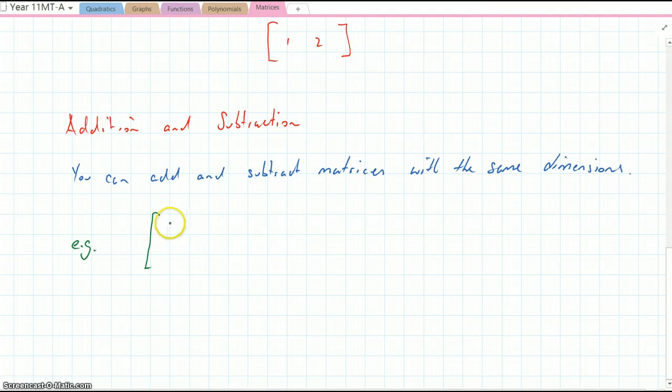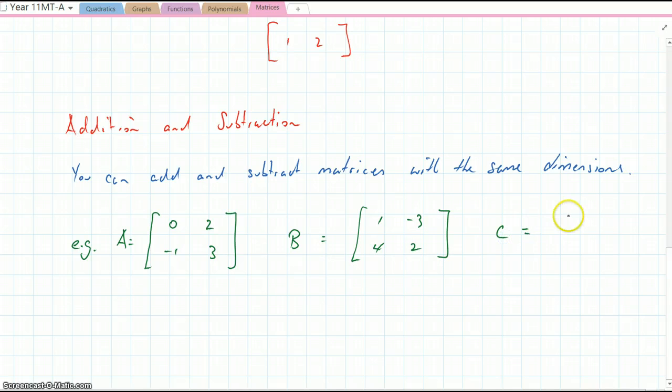If we're going to add 0, 2, minus 1, 3, if that's my A, and B is another 2 by 2 matrix, 1, minus 3, 4, 2, and let's say C is a row matrix, 0, 1. Now we can work out what A plus B is because they've got the same dimensions. They're both 2 by 2s. C is a 2 by 1, 2 rows, 1 column.